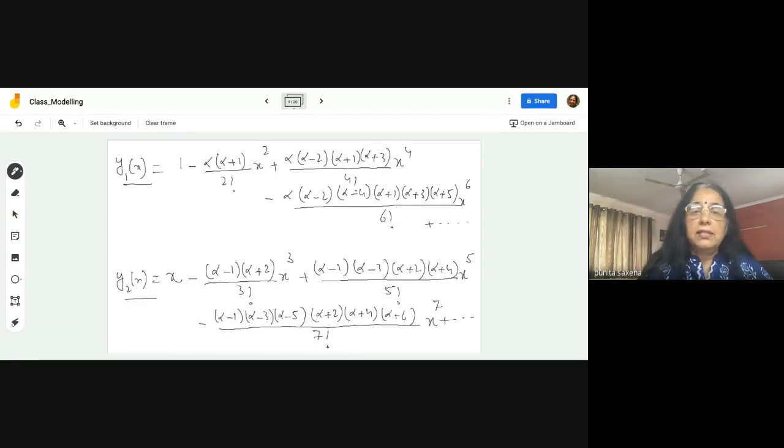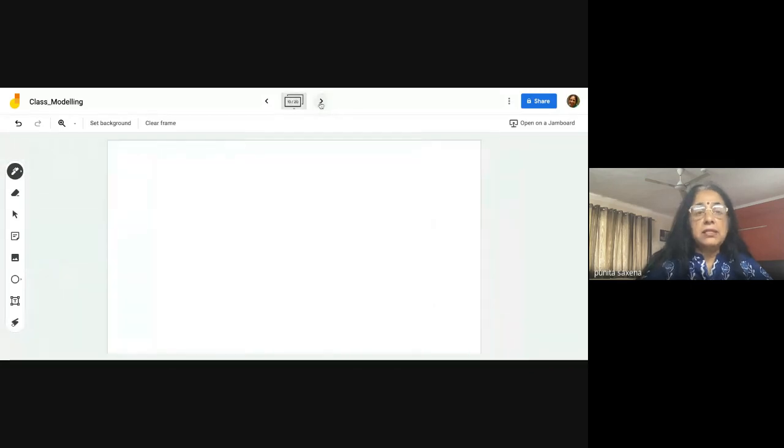Alpha takes on different values means we will be bothered only about integral values. My alpha was any number greater than minus 1. So I will start with what happens when alpha is 0. When alpha is 0, what happens to both these solutions, y1(x) and y2(x)?